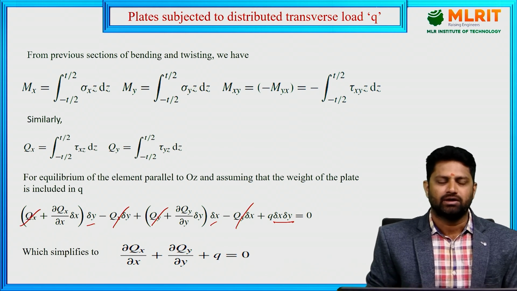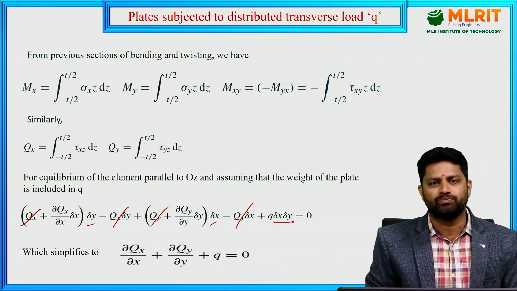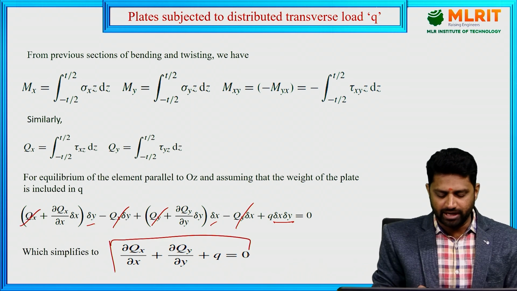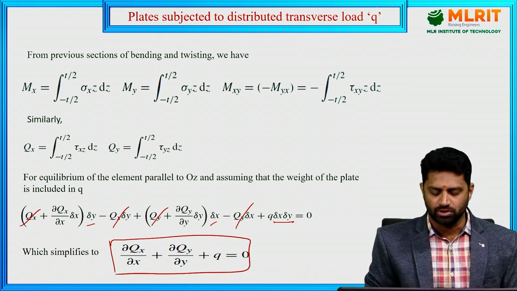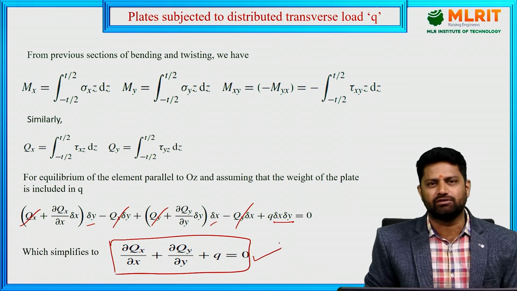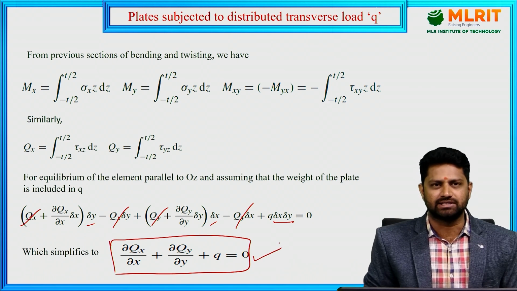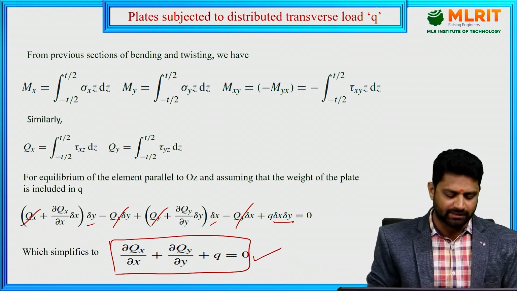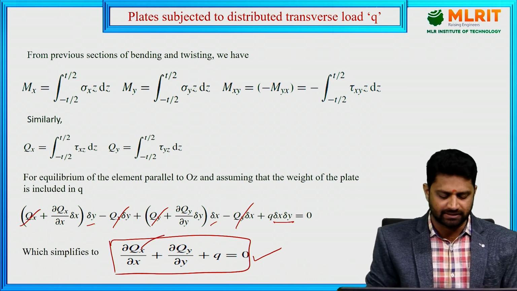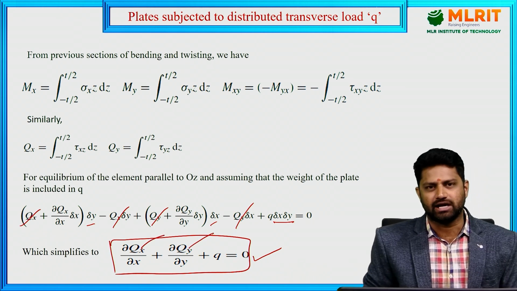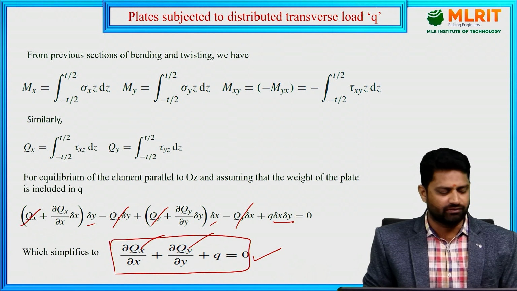The above equation simplifies to dou Qx by dou x plus dou Qy by dou y plus Q equal to 0. So this is the equilibrium equation parallel to OZ axis that we got here. Remember that in this equation, Qx is the shear force along x axis and Qy is the shear force acting in y direction. These two are very, very important.